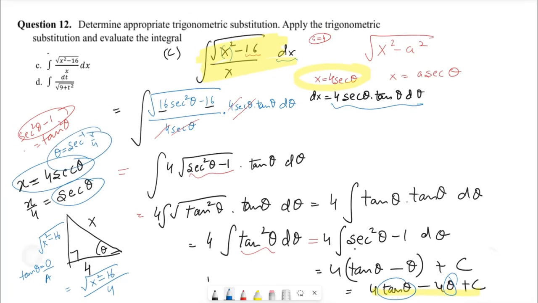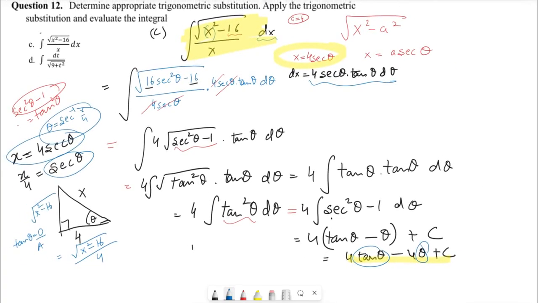So using all that knowledge, in place of tangent theta we can write this. We have 4 times the square root of x squared minus 16 by 4, minus 4 secant inverse of x by 4, plus c. This 4 cancels. The remaining is our answer.